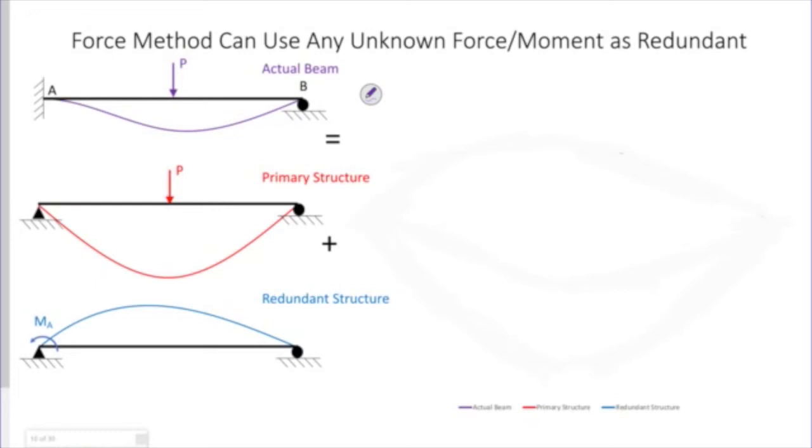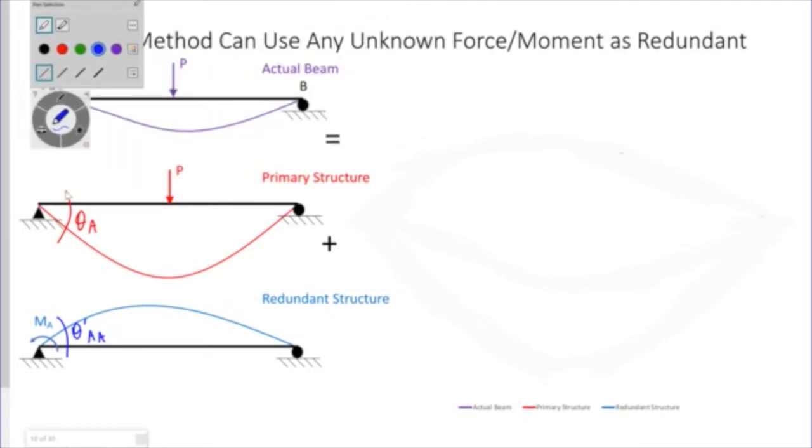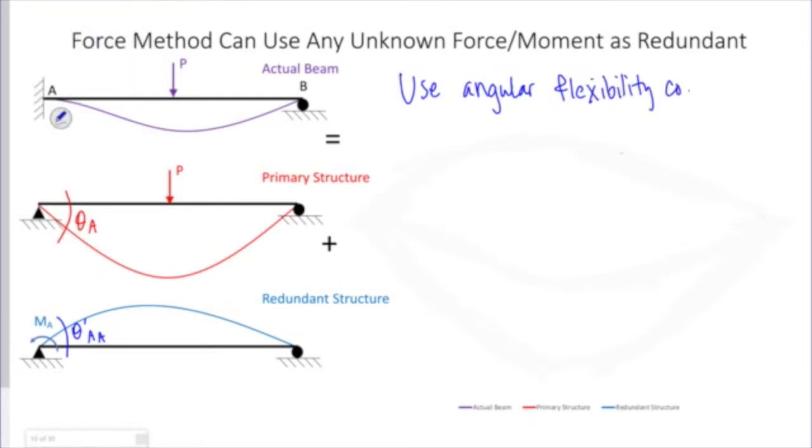So, I have my rotation at A in my primary structure, my rotation at A in my redundant structure due to that moment. And now, instead of using the linear flexibility coefficient, I'm going to use the angular flexibility coefficient.